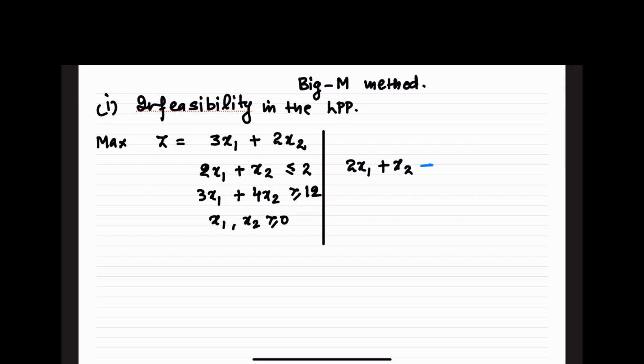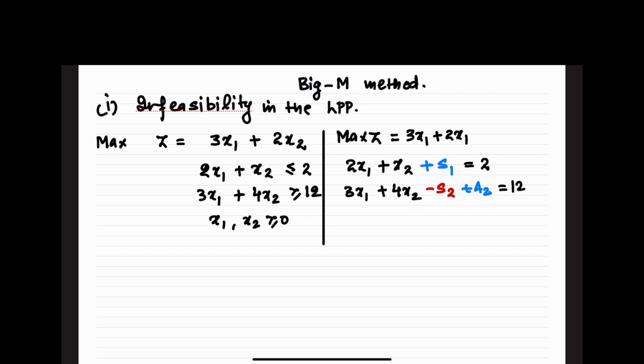First is add a slack, make it into equal to. For the second, we subtract a surplus and add an artificial variable to make it into equal to's. The objective changes. 3x1 plus 2x2 was the original. We have added a slack. We have added an artificial.